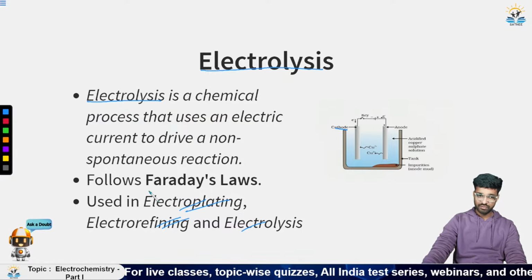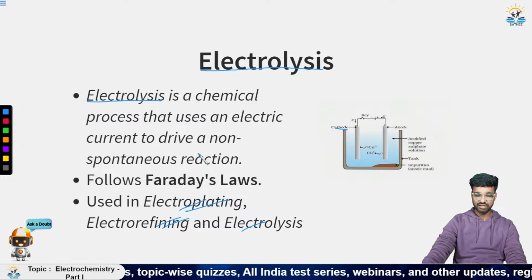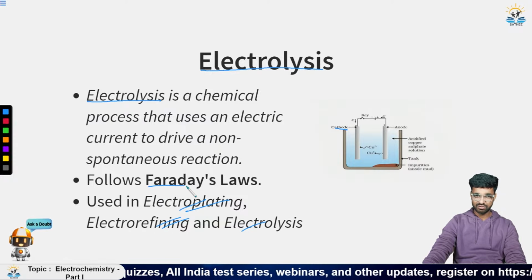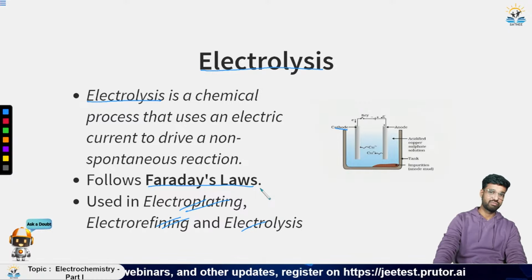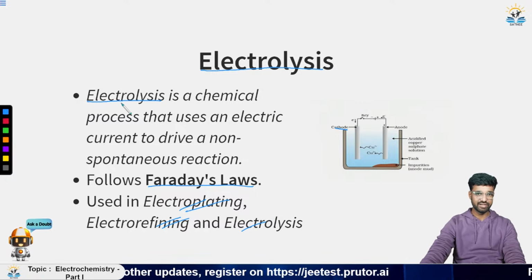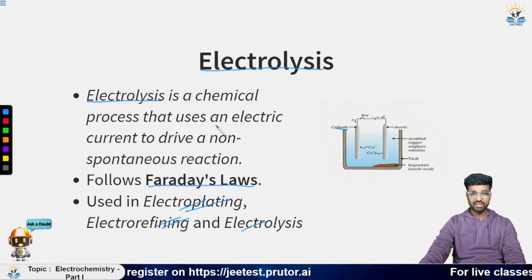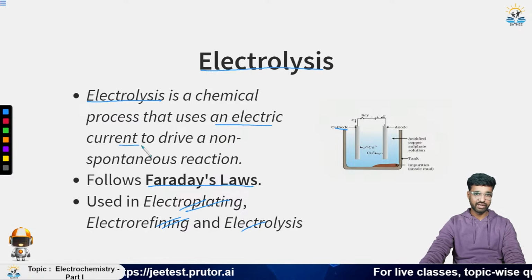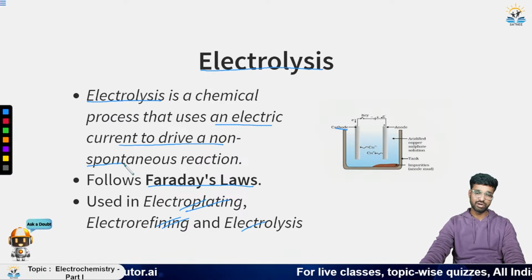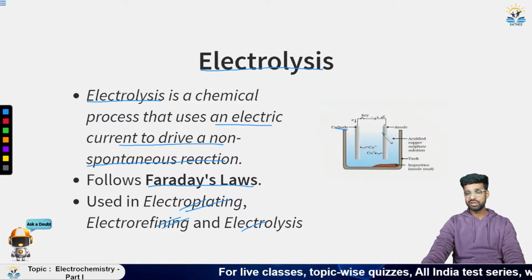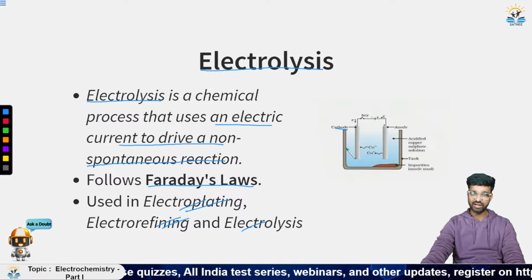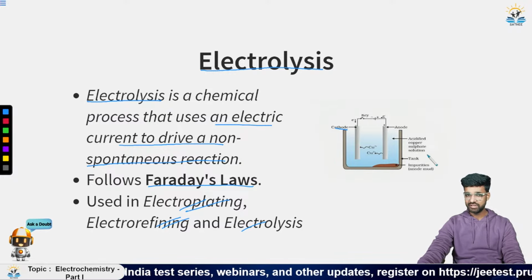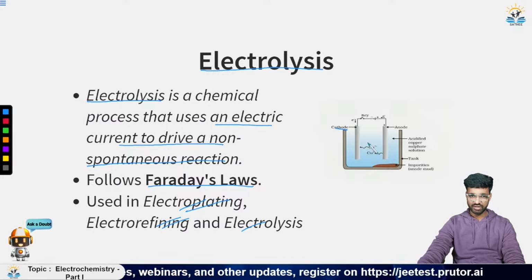Now what is used to govern this electrolysis? Faraday has given two laws which are used to quantify electrolysis. We'll see those two laws one by one. The main definition of electrolysis is that it uses an electric current to drive a non-spontaneous reaction. Why are we saying non-spontaneous here? Suppose we put up this circuit in a closed circuit but do not put any battery or cell, and we just put the electrodes and leave it for some time.